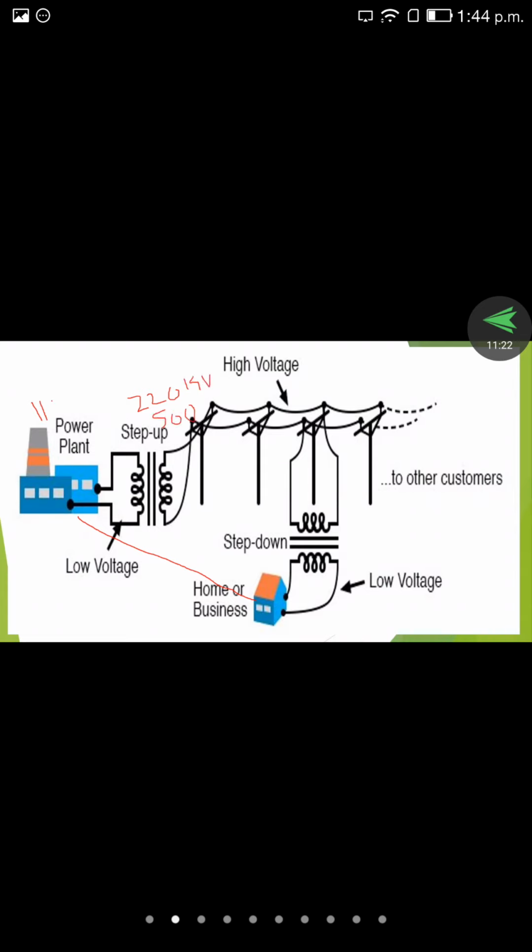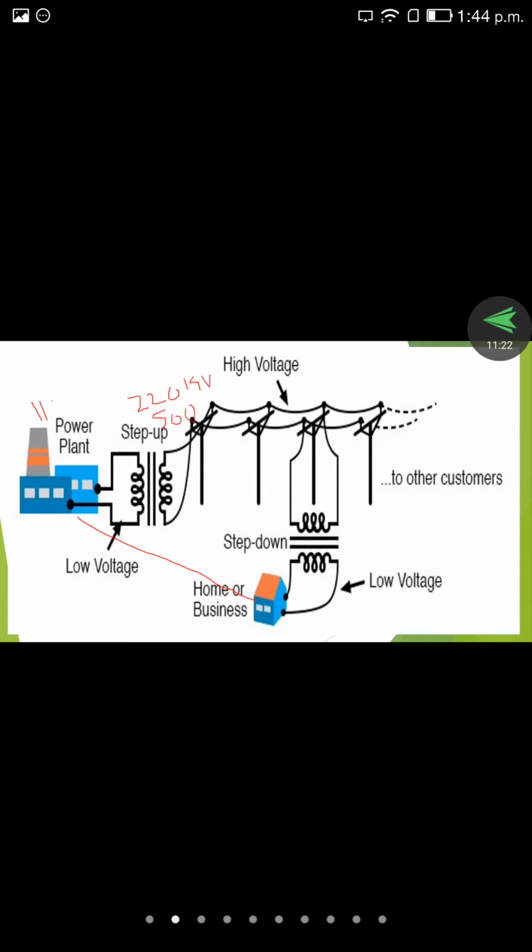This is a high voltage, almost 200 times the voltage. Why do we produce these ranges? Nothing but to minimize the power losses. AC power distribution is expensive compared with DC, but we have the major advantages.